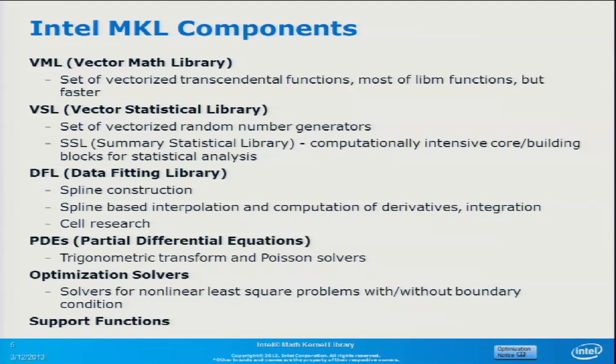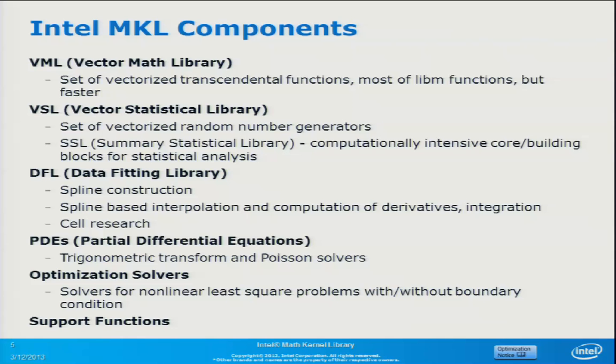There's a vector statistical library. Mostly it is a huge collection of random number generators. And you don't generate random numbers piece by piece, you generate streams of random numbers. If you have written a Monte Carlo, you know that random number generation can be a performance critical issue.